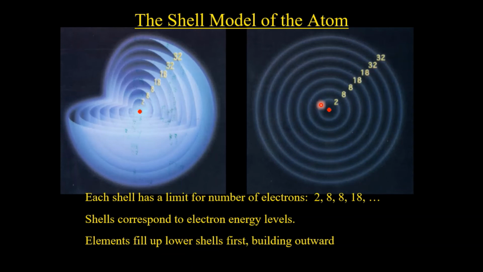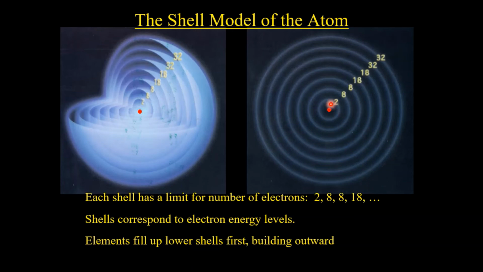Remember, this whole thing is three-dimensional, more like this. So the way this works is for any atom, depending on how many electrons it has, the electrons will all try to crowd and get as close to the center as they can. Just like in a movie theater, you'd maybe want to sit closer up front.